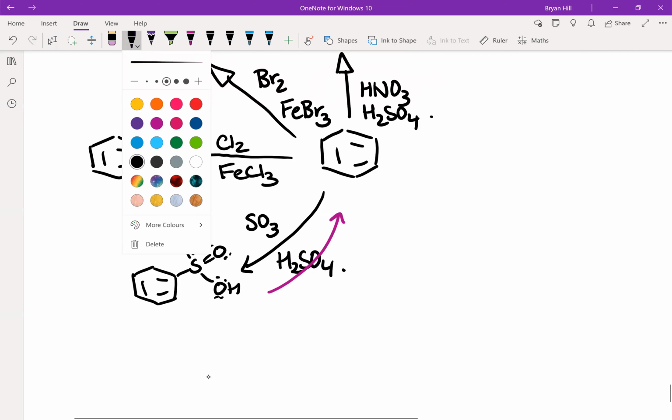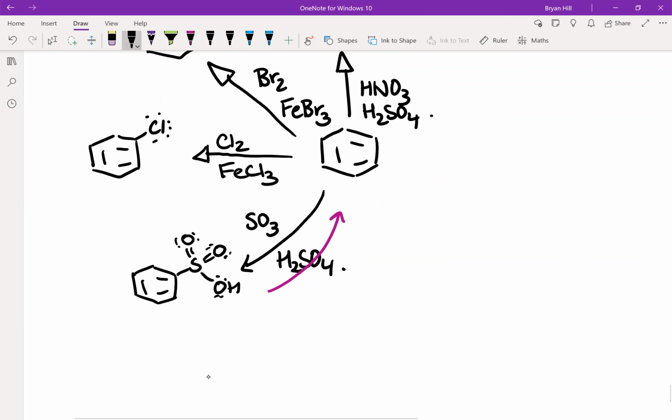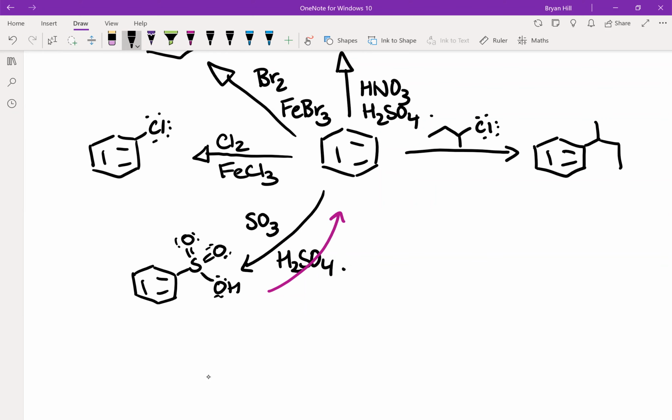What else did we do? So nitro group, bromine, chlorine, sulfuric acid to make a sulfonic acid. Let's make this a branched alkane: alkylation, and the acylation.